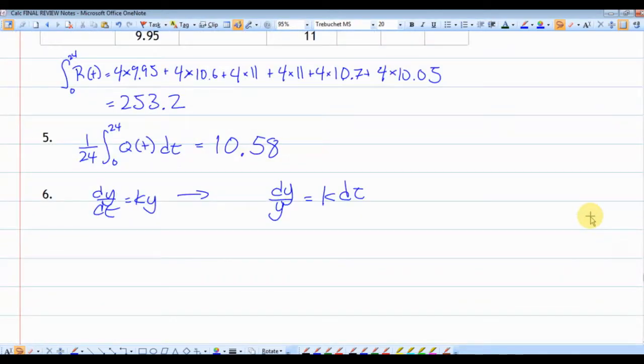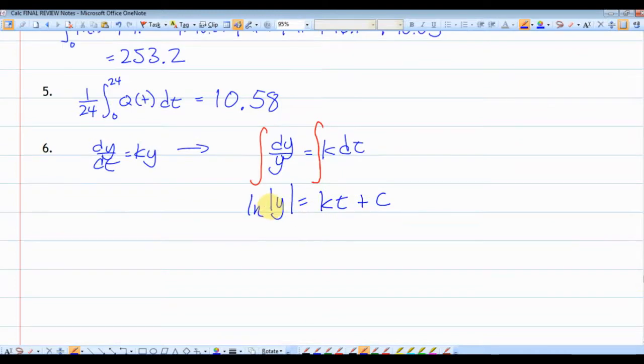Okay, let's integrate. I'm gonna integrate the left, I'm gonna integrate the right. We're gonna get the natural log of y equals kt plus c. Let's remember that y is positive because it's a population, so we don't have to deal with absolute values.